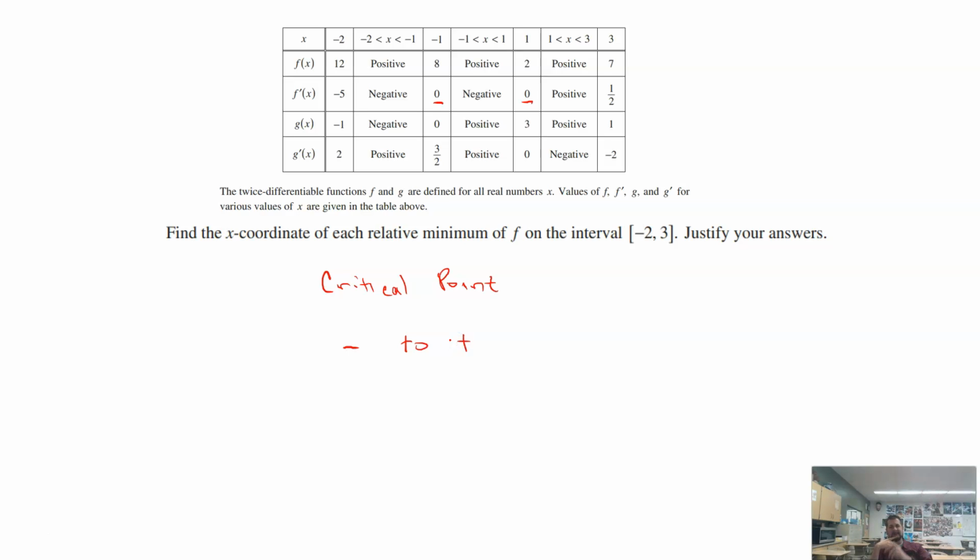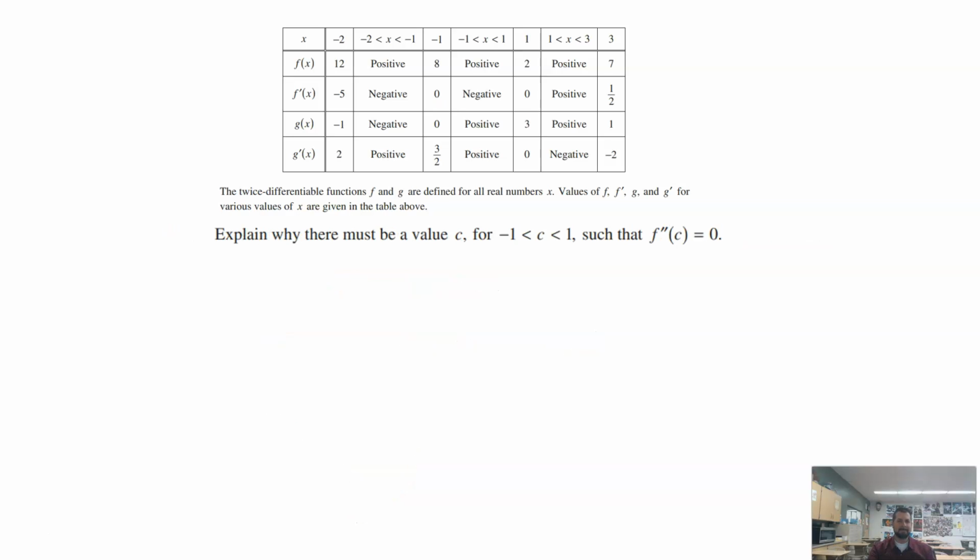We need to go from decreasing to increasing. That happens at x equals +1. At x equals -1, it goes negative, negative. So it decreases, then it levels off, then it decreases some more. But at x equals +1, we have ourselves a relative minimum. So that is the correct answer for letter A.